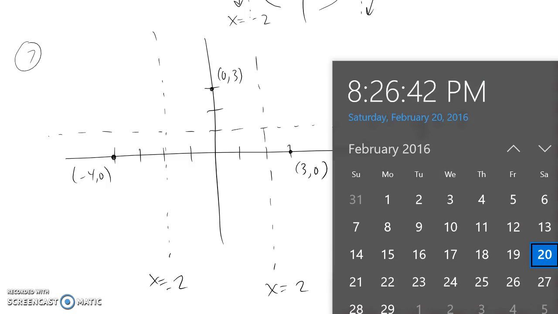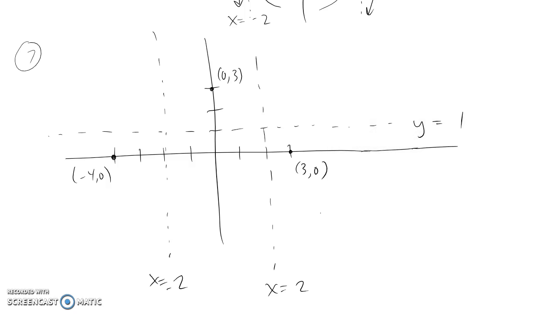And don't forget that the function crosses the horizontal asymptote at x = 8. So here at (8, 1). Okay.